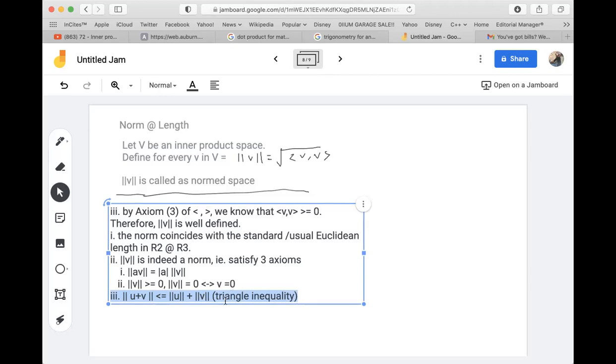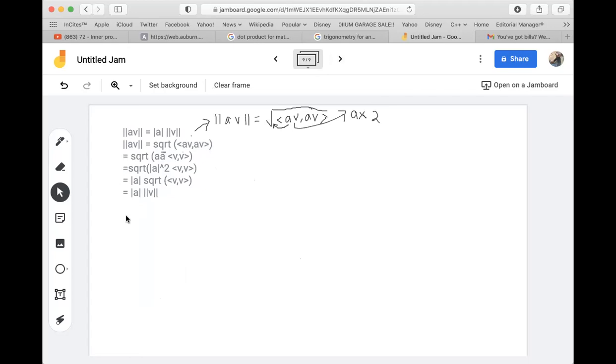This part is a bit tricky, because I am going to introduce another theorem here, the Cauchy-Schwarz and Bunyakovsky inequality. So this is settled for the first axiom for the norm.